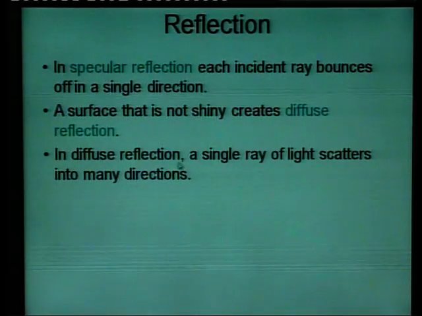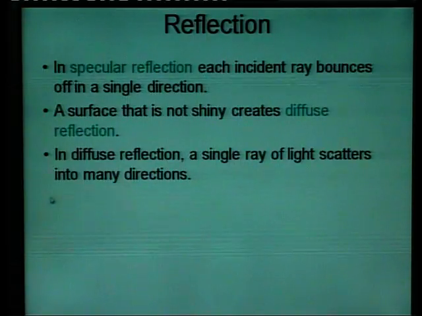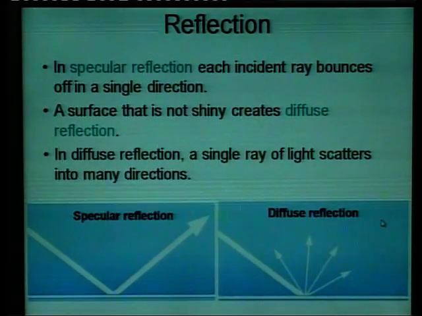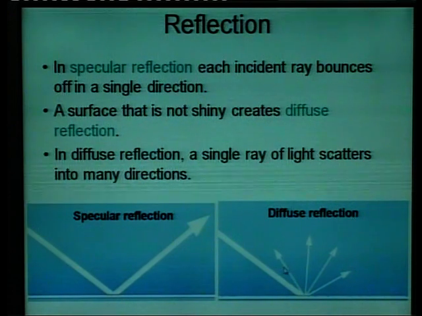In diffuse reflection, a single ray of light scatters into many directions. So this is shown: ये specular reflection है, one incident and one reflected ray. But in diffuse reflection, for one incident ray, there can be many reflected rays. Here the surface is polished and smooth, here the surface will be rough. So this is the difference between specular reflection and diffuse reflection.